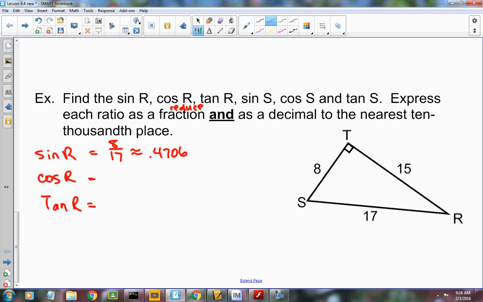What would the cosine of R be? Here's R. It's adjacent over hypotenuse, so it would be 15 over 17. That cannot be reduced. If it could be, I would need to. Remember, no radicals in the denominator, no weird stuff, okay? 15 divided by 17 is 0.8824.